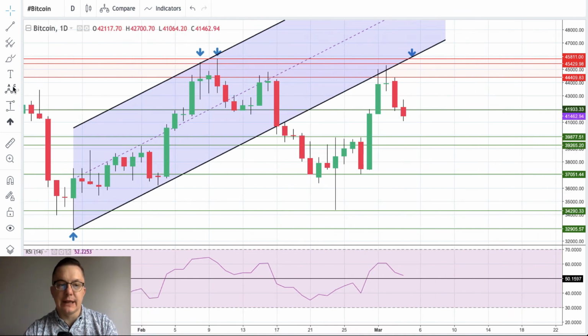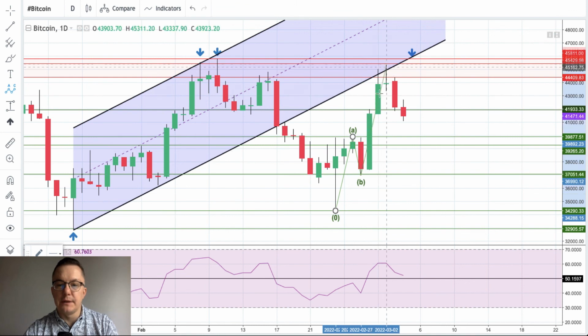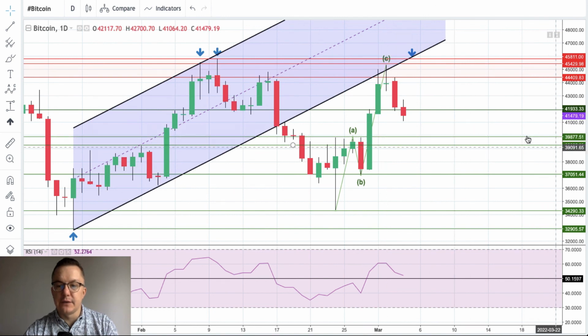So we got, and again, the same situation. Lows are here. This is wave A, wave B, wave C. Right now, we got only three waves here, A, B, C. If the level of 39,877, which is the high of wave A, is violated, then we have confirmation this was only a corrective rally, and Bitcoin should expect lower price levels.